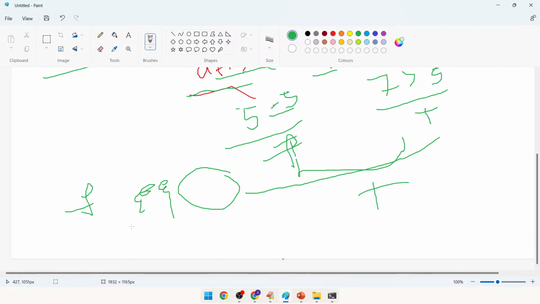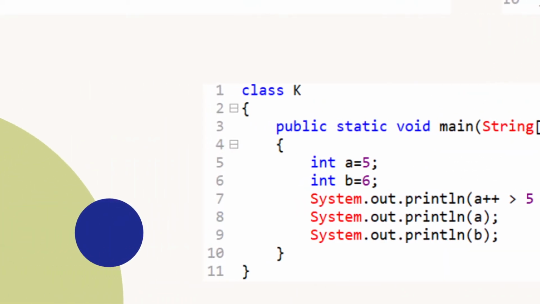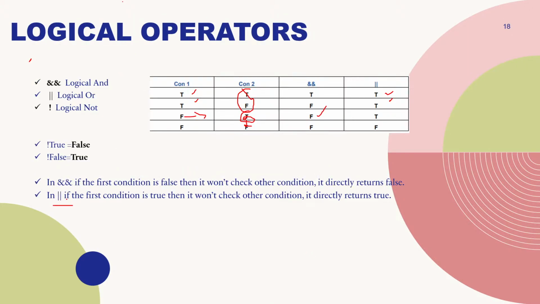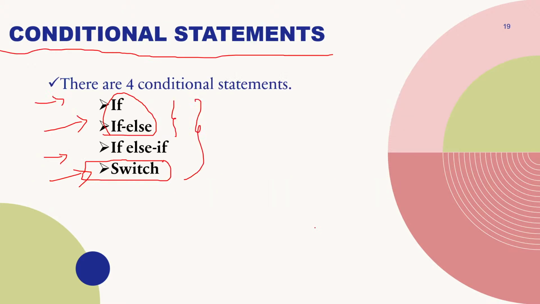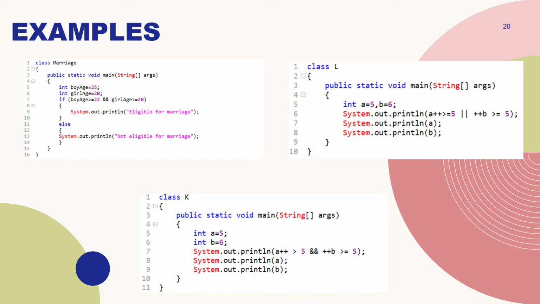It won't go and check the second condition. It will directly return false. I have explained clearly. Here, 5 is not greater than 5, so it is directly false. A is 6, B is the same 6. If there is equal to, B will become 7, okay?